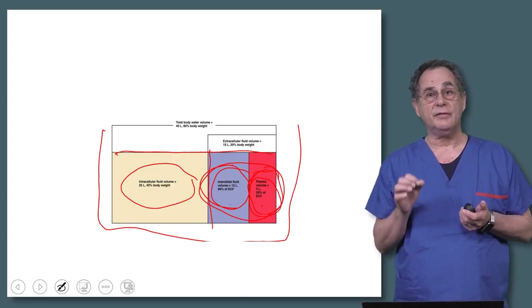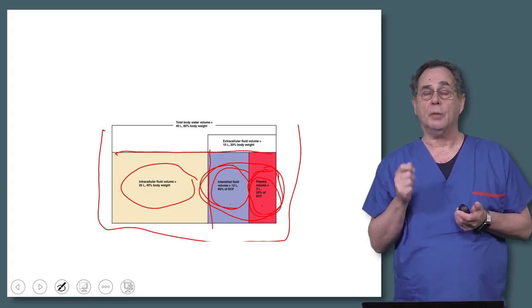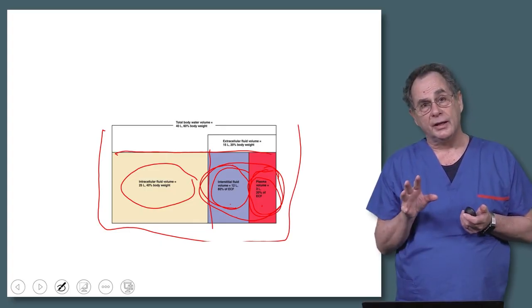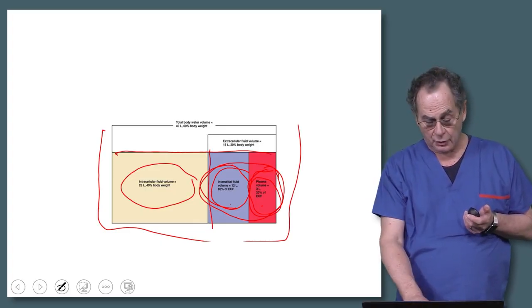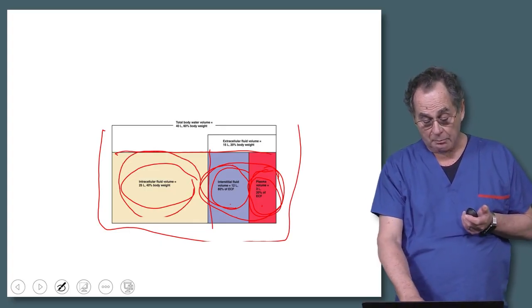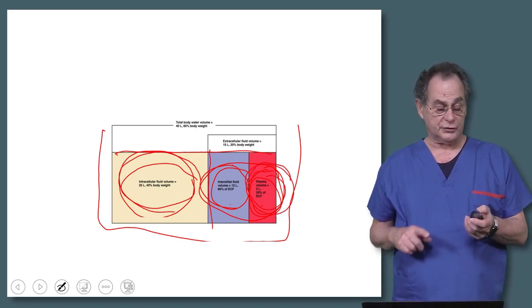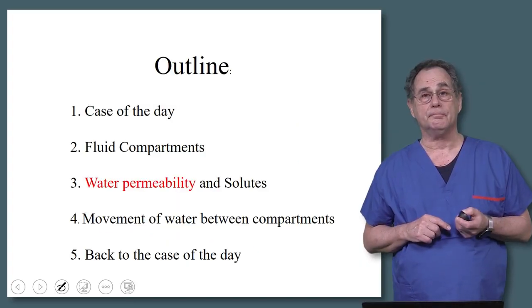Important, key, fundamental ideas about body fluid compartments. And we're going to see how the kidney responds to signals in terms of the amount of water inside cells, and particularly the amount of water inside the vascular compartment.